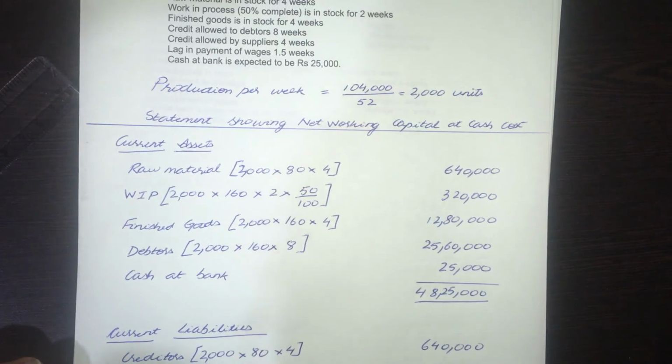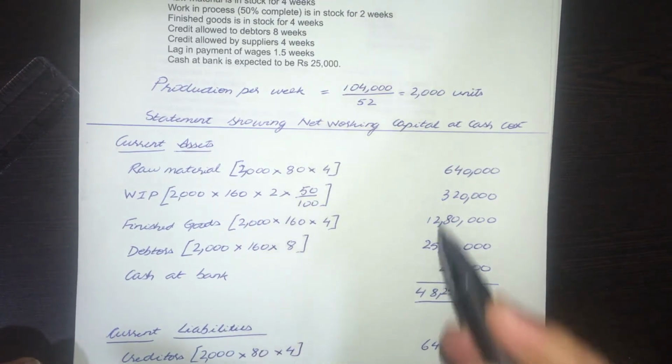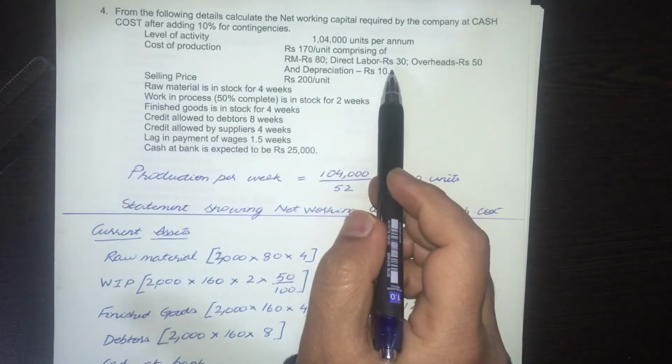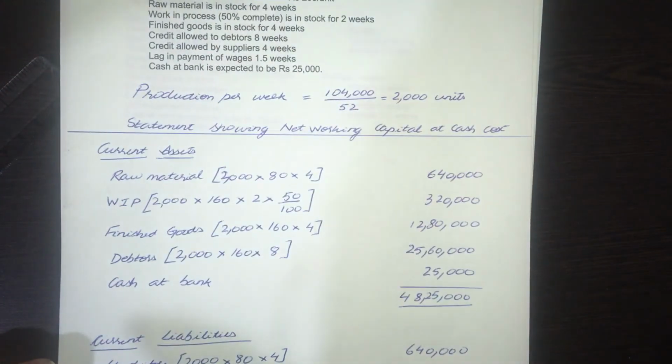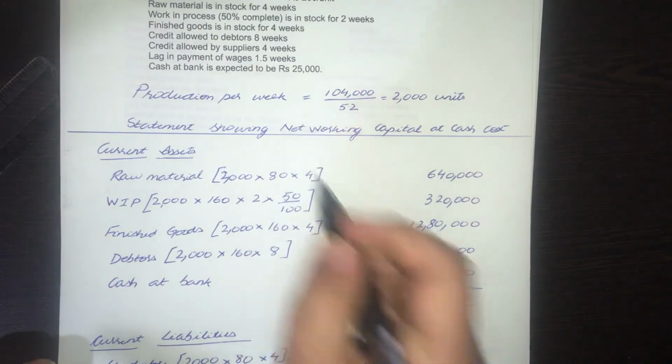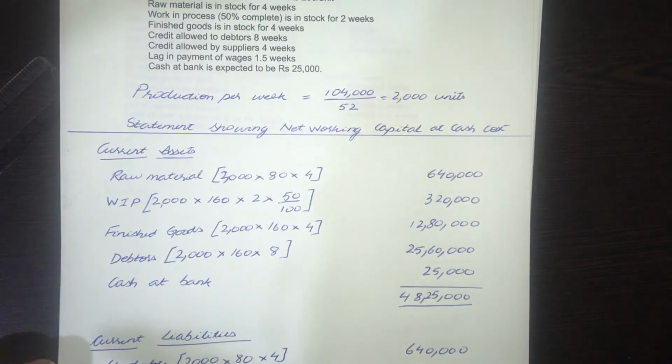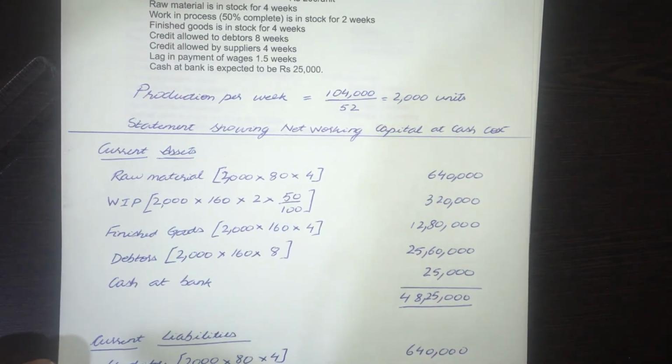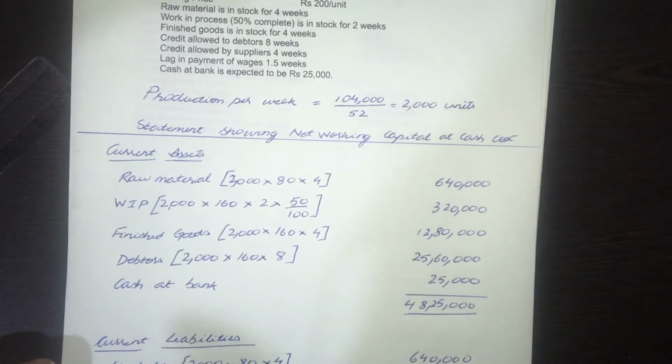And outstanding wages. What is outstanding wages? So it will be 2000 into, what is your labor per unit? 30. 30 into 1.5. Okay, so that works out to 90,000. So if you add up, it comes to 7 lakhs 30,000.